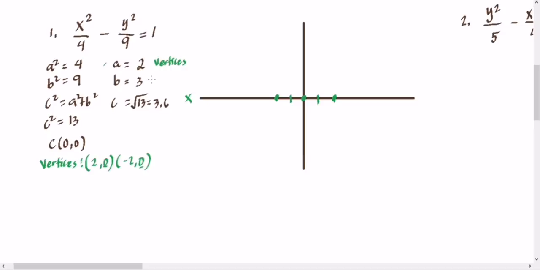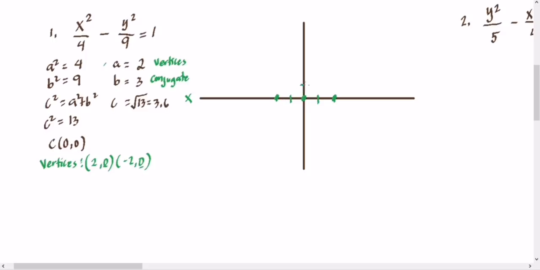Next, yung b naman natin. Okay, ito naman yung endpoints ng conjugate axis. Ang tawag natin dyan ngayon ay endpoints of conjugate axis. So, lagay ko na dito. Conjugate. Okay, so b lang tayo. That is 3 units, pataas naman. Kasi ito ay pakanan, pakaliwa. So, yung b natin pataas.